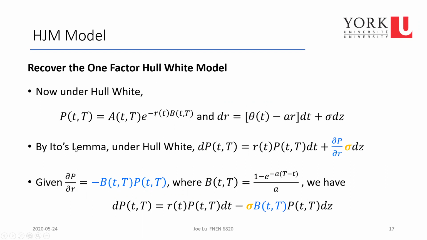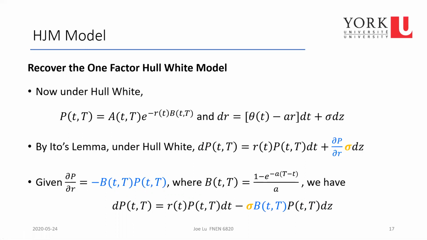Again, taking the same approach, we're going to use Ito's lemma, and so if dr is this process, then dP must, under risk neutral, be rP dt plus dP/dr times sigma dZ.